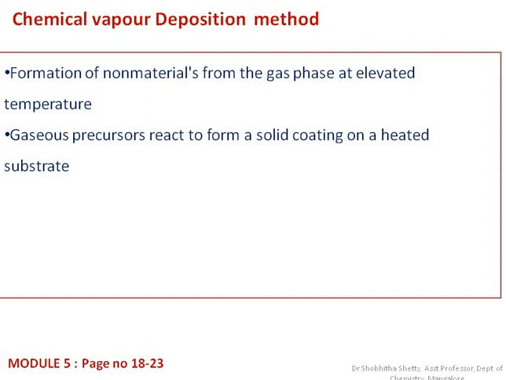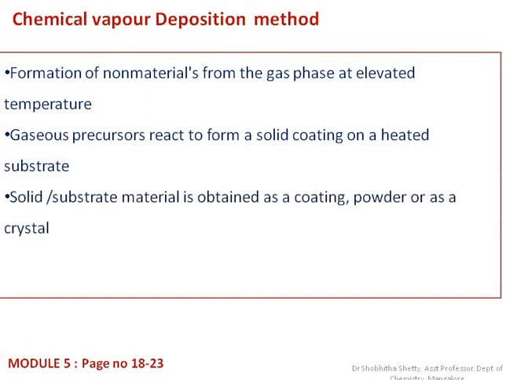For the heating purpose we can use a laser source or plasma source, or maybe direct thermal heating also. And here we can get a coating of the nanomaterial, or the nano powder material, or the crystal form also. So it has a wide range of applications.